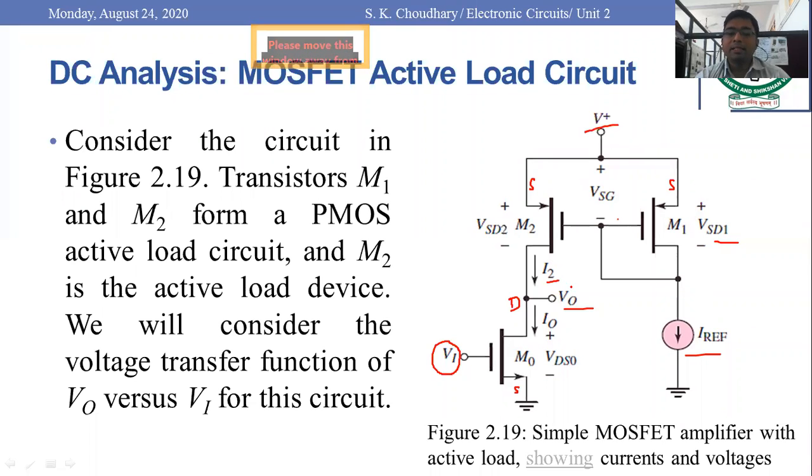Now we will consider the voltage transfer function of V0 versus Vi for this circuit. I hope all of you have drawn this circuitry, which I also showed you in the last lecture. Now we have to discuss the voltage transfer characteristics of this.